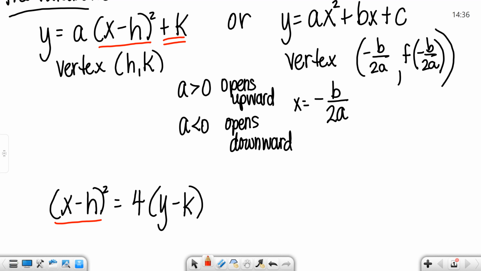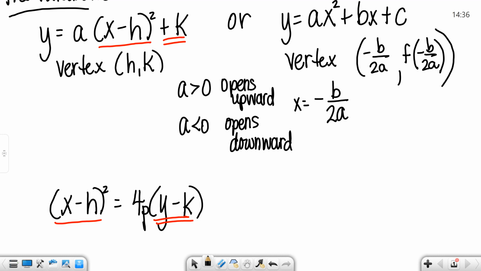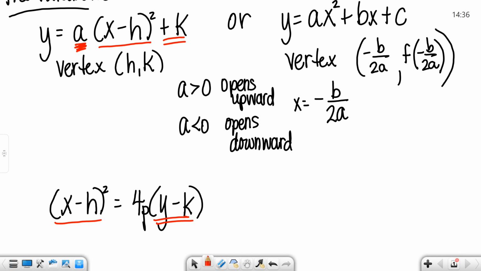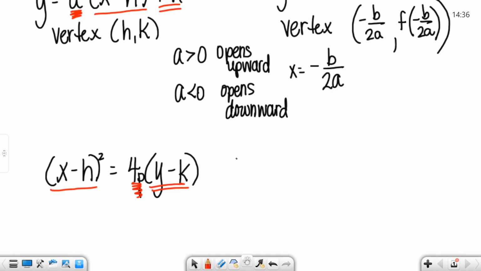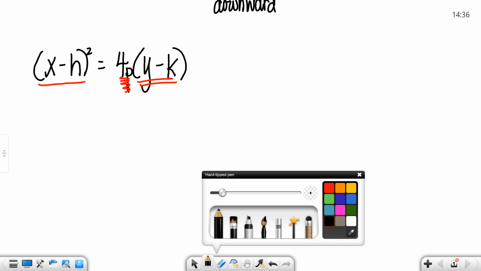If I took this k and moved it over here with the y, there it is, y minus k. All right, I left something off in this equation. There should be a p right here. All right, and so the only other thing that we have is this a value and 4p. So these two equations are really the same equation, just rearranged in a little bit different order. And instead of a, it says 4p. Okay, so you may or may not even care if I showed you how it related to that.